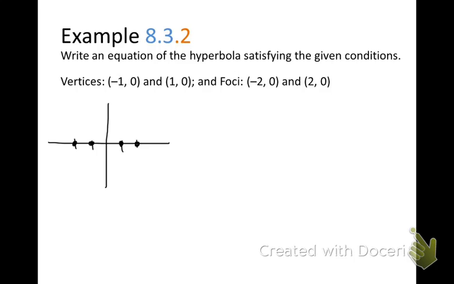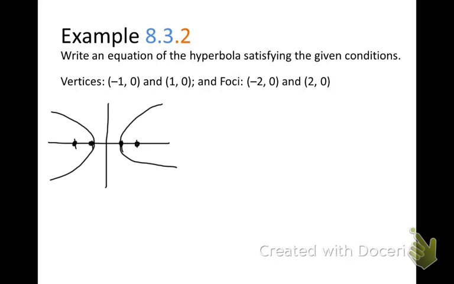What does this tell you about your graph? It's horizontal. You can see that by where the vertices and the foci are, your cups have to open this way, right? Oops. I went through the wrong point. Vertex, not foci, right? What else do you see from that?